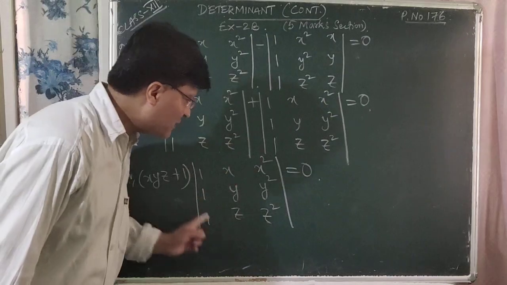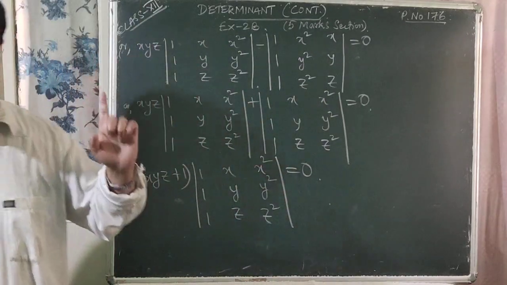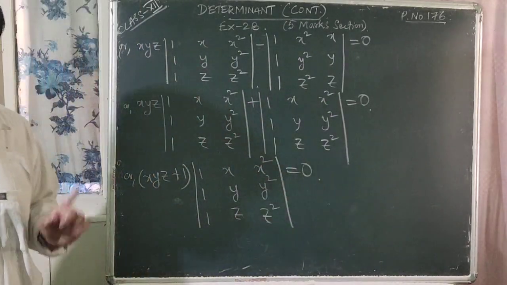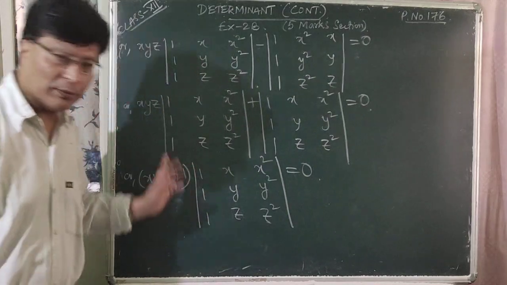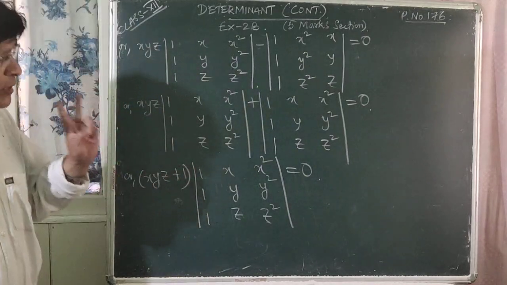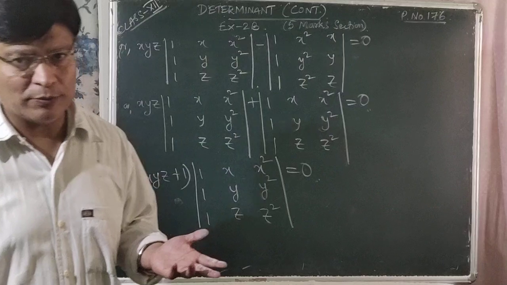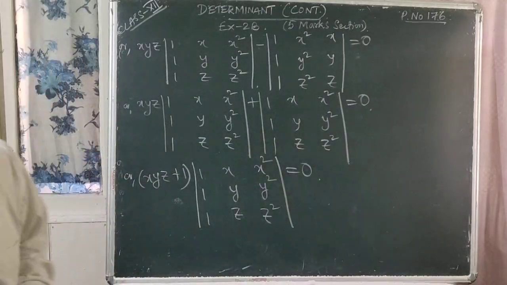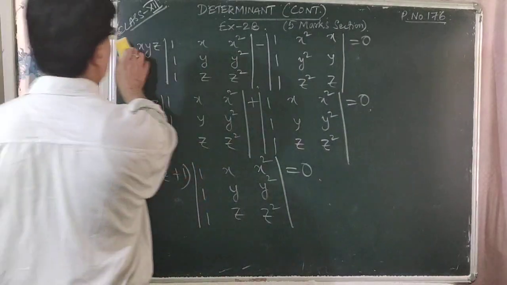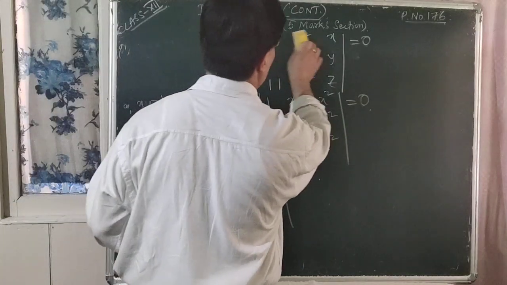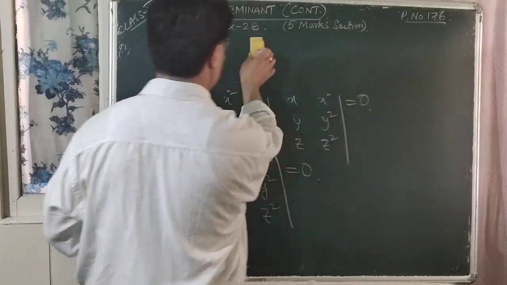Now let us simplify this determinant using the properties of determinants. Okay. So in the first column there are 3 ones. You can make any 2 of these ones 0 by using the properties of determinants. Okay. So let us use the property here. Which property is used now?